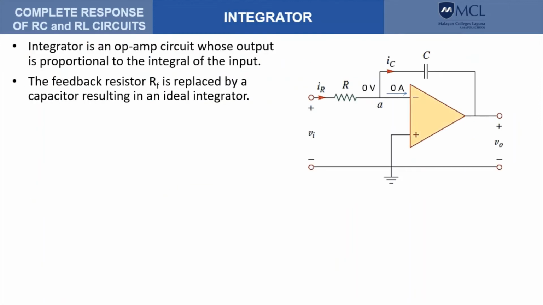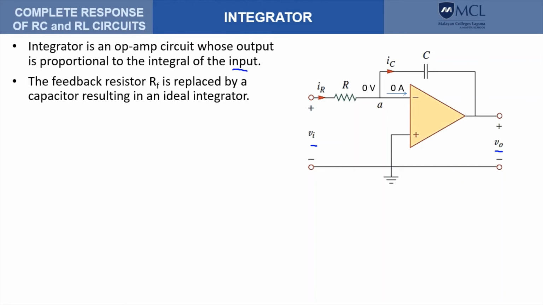Another application of first-order circuits is in integrator circuits. Here we take an input and the integrator circuit outputs the integral of the input. So an integrator is an op-amp circuit in which the output is proportional to the integral of the input.